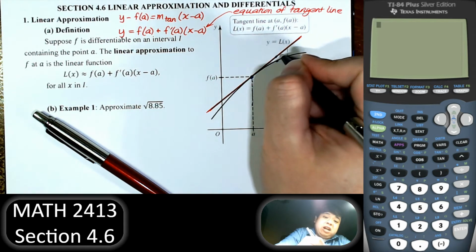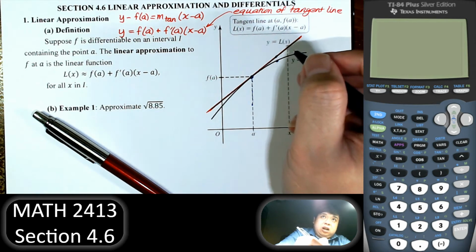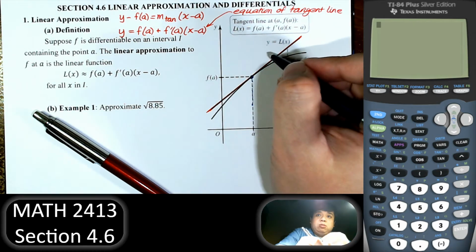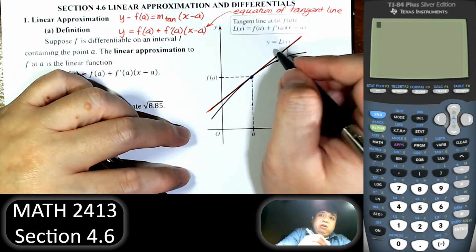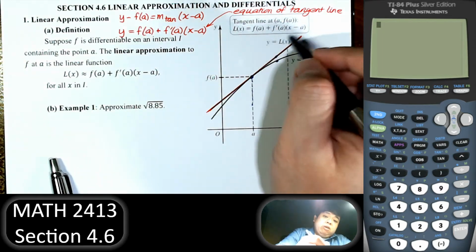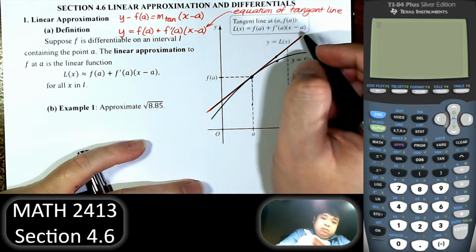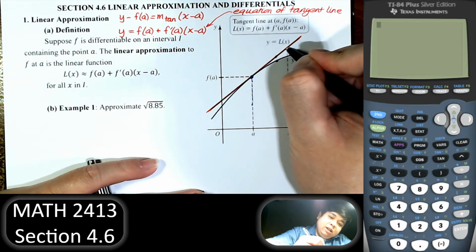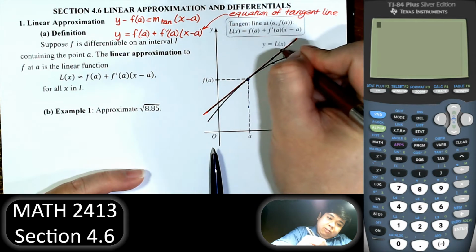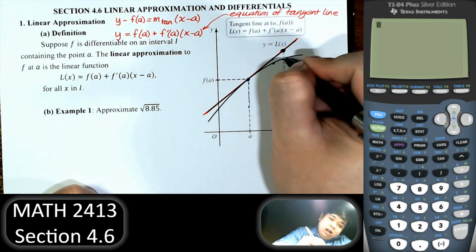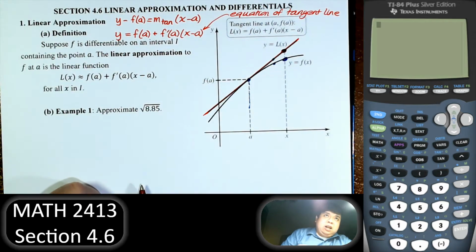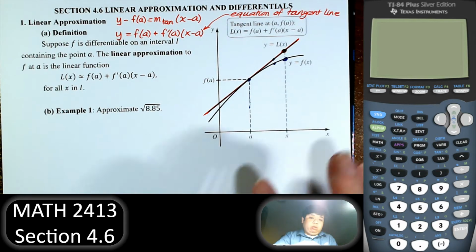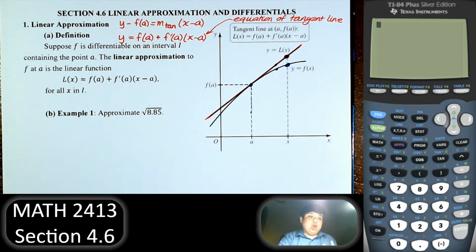The further away from it, the less accurate this approximation is. Because we use the equation of a tangent line to approximate the values of the function, the equation of the line is a lot easier to evaluate than the function, right? So we use these values on the line to estimate the values of the actual function on the curve. Of course, this approximation only works if it is close to the point of tangency. If it is too far away, this approximation is not very good.